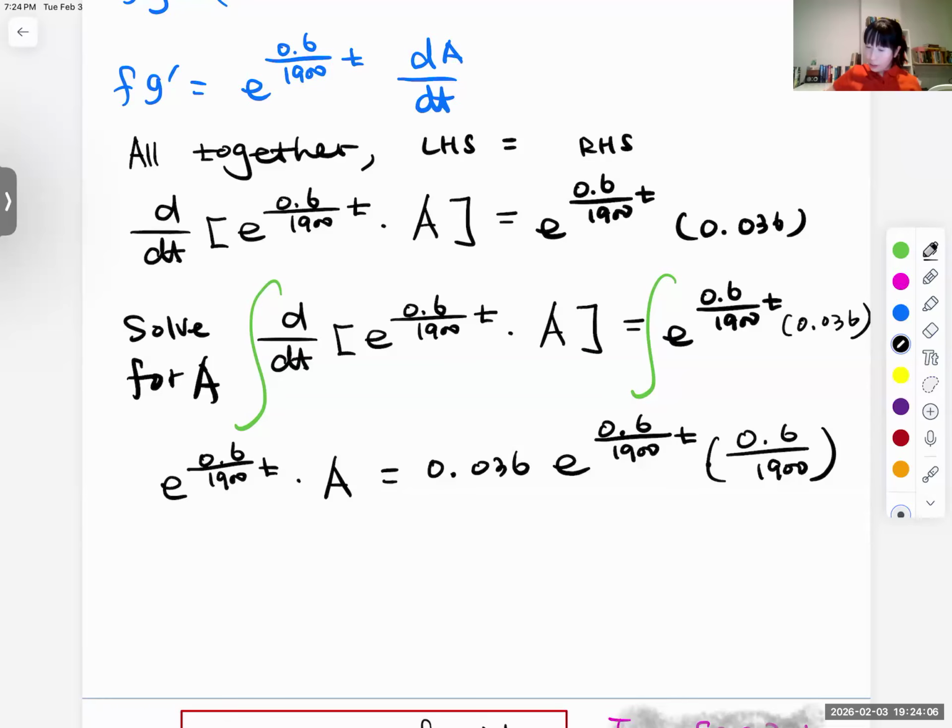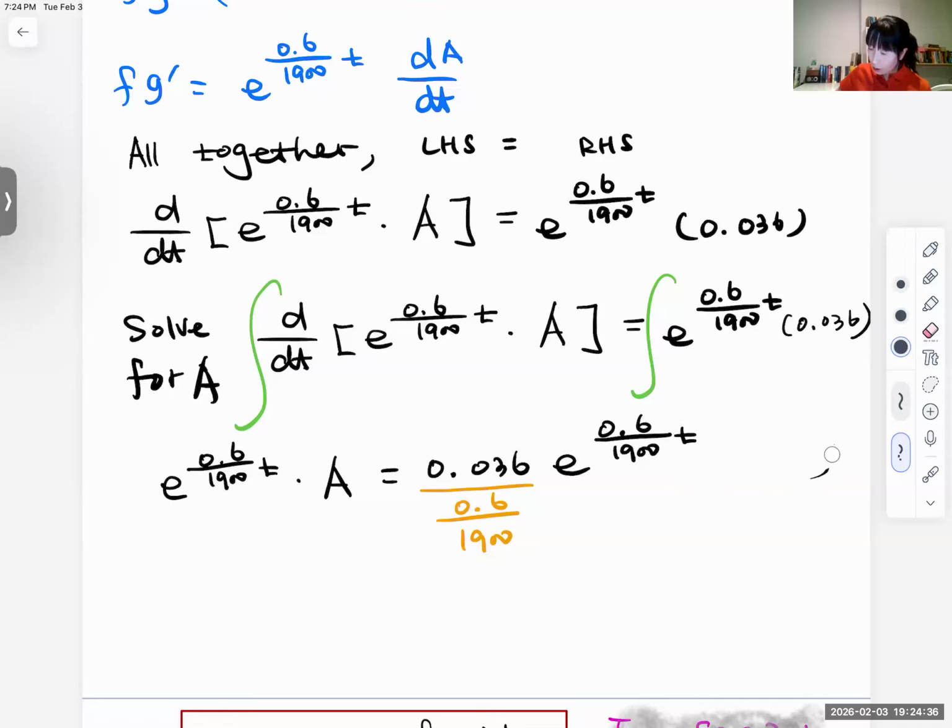Okay, I realized that I made a mistake, right? So we integrate, not the derivative, right? So then it must be over 0.6 over 1900, right? Or we can say that 1900 over 0.6 in that case, right? Yeah. Okay.